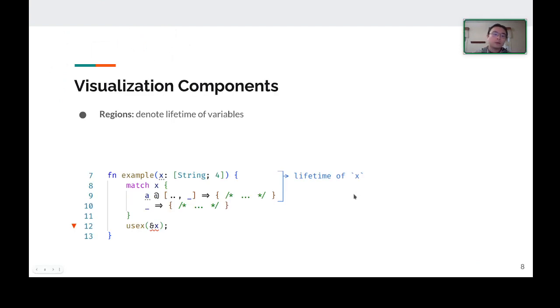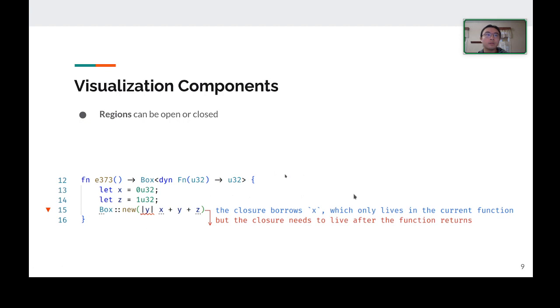And next, I'll talk about the components of the visualization. The first is regions. Regions denote the lifetime of variables. It starts when the variable is defined and ends when it is moved or goes out of scope. And it is shown here as a vertical line with endpoints.